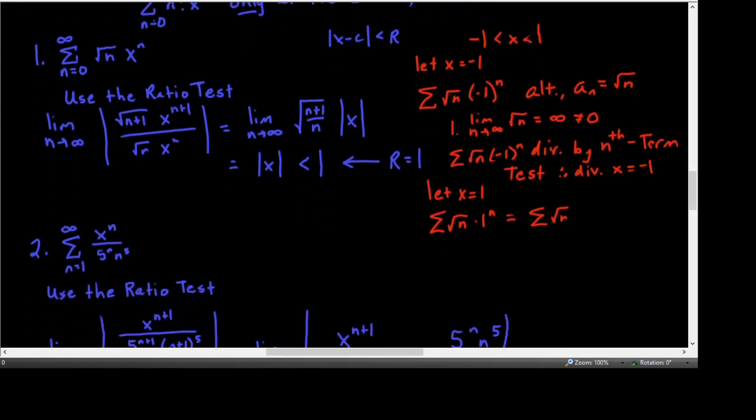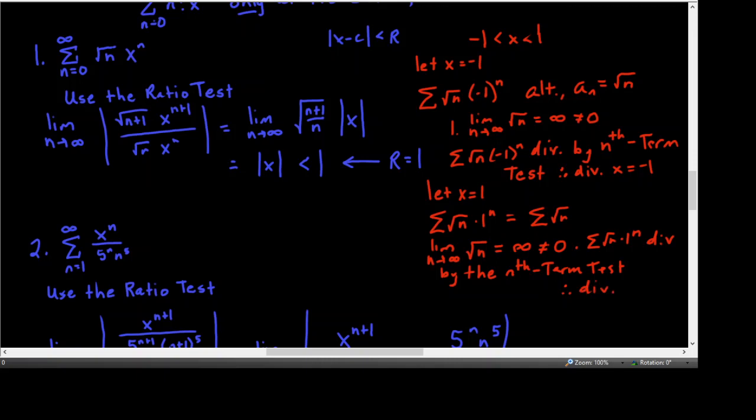And if we try to take the limit of our a sub n, it again is not 0, which also implies that our series diverges by the nth term test. So therefore it diverges when x is +1.